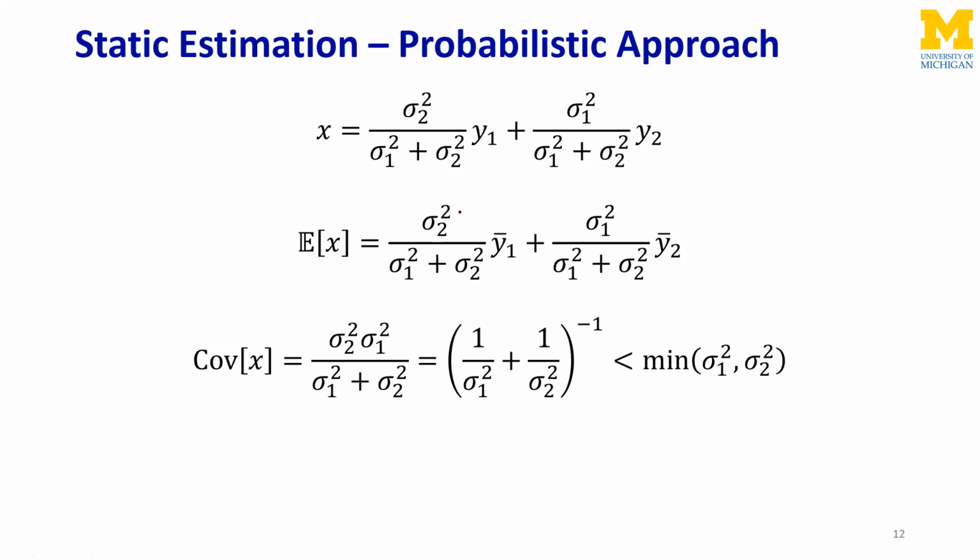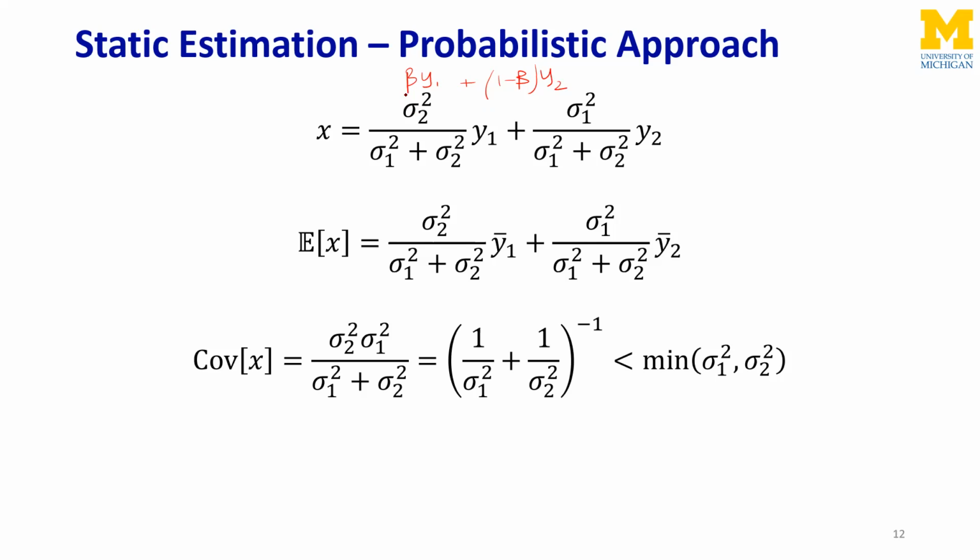So let's keep going. We know the weights. X is going to be given by beta y1 plus 1 minus beta y2.